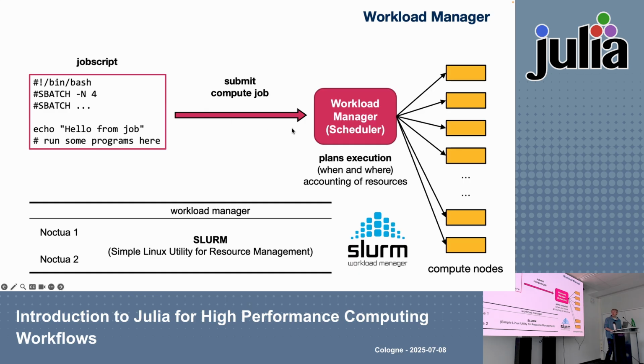And then you pass this to the scheduler, and the scheduler reads it, sees, okay, you want 4 nodes for 10 minutes, and then it will look into its schedule. And we are using the Slurm scheduler system on our systems.